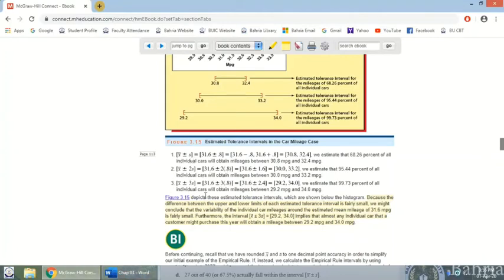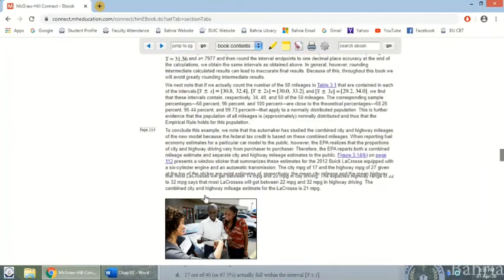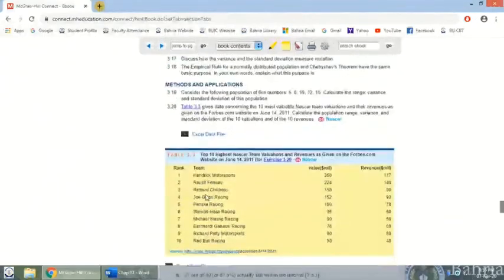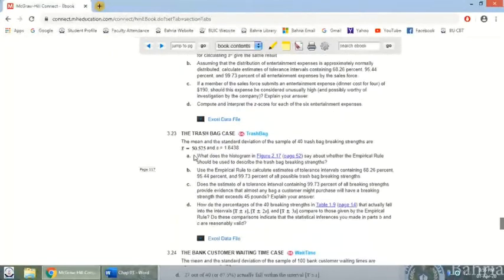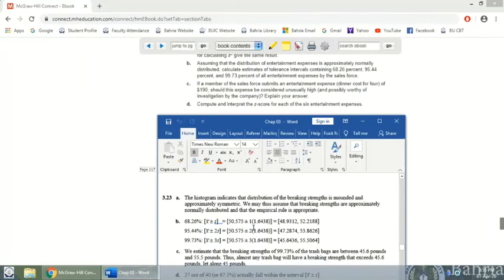What was the x bar plus minus s? So this is x bar plus minus s, so 50.575 plus minus s, 1.6438. So you can see that this is plus minus 1.6, so this is the lower limit when you subtract and the upper limit when you add.